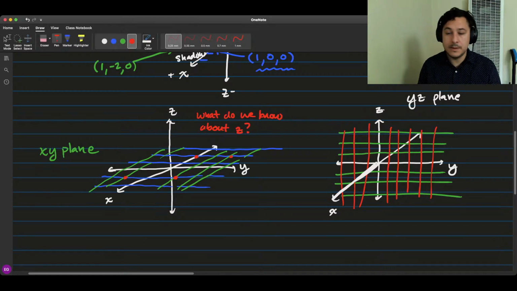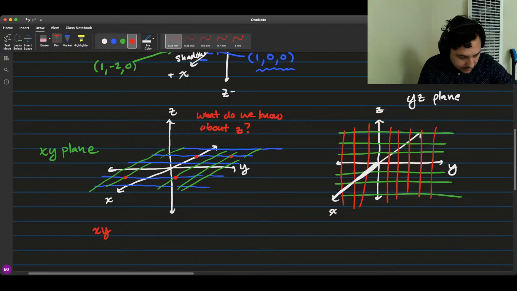Yeah, 0. So the way you describe the xy plane is you say, well, the xy plane is a bunch of points, some x, y, and z points.